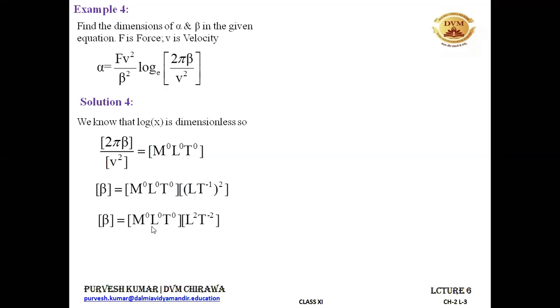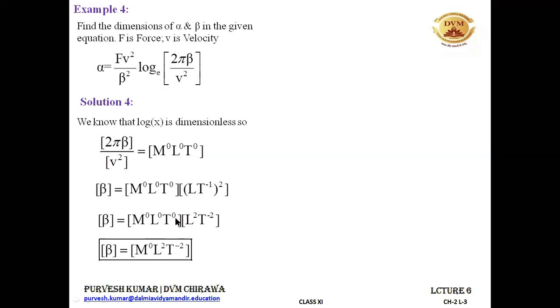Solving it out, finally the dimensions for beta are equal to M0 L2 T minus 2. We know that when the bases are the same and the powers are different, the powers get added in multiplication. So here L0 is multiplied by L2, so 0 plus 2.